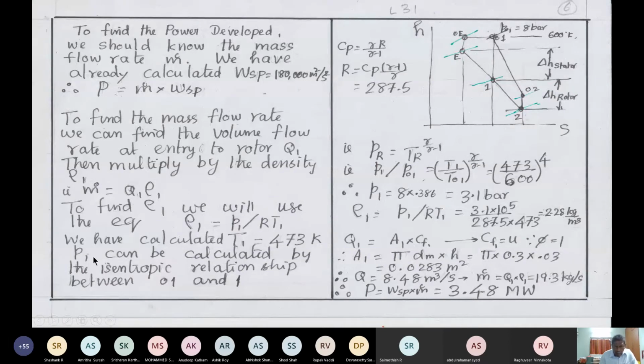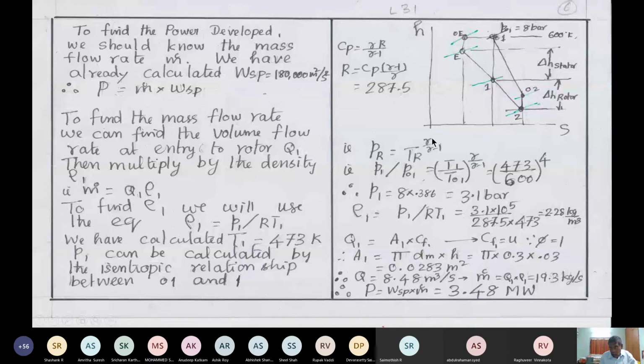So now R is calculated. Now we have to calculate P1 and T1. P1 can be calculated by the isentropic relationship between 01 and 1. So the pressure ratio is equal to temperature ratio power gamma by gamma minus 1.